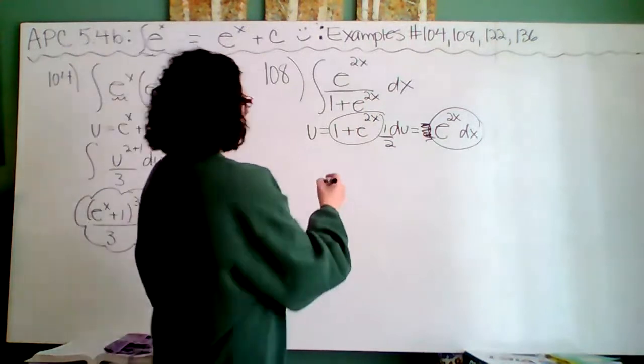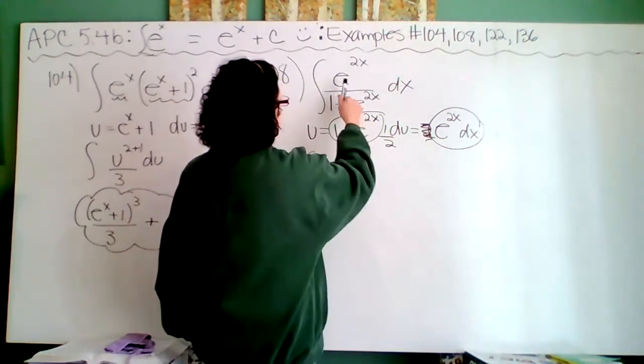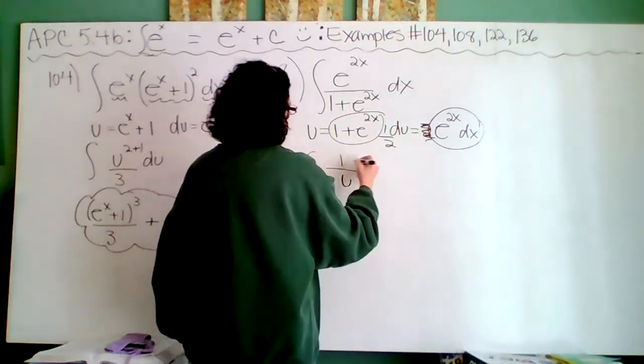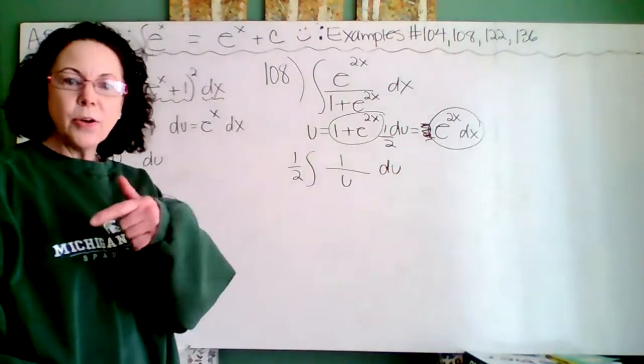I think I have a perfect substitution. Let's give it a try. I believe my denominator is u, and my e to the 2x dx is a 1/2 du. This I know how to integrate.